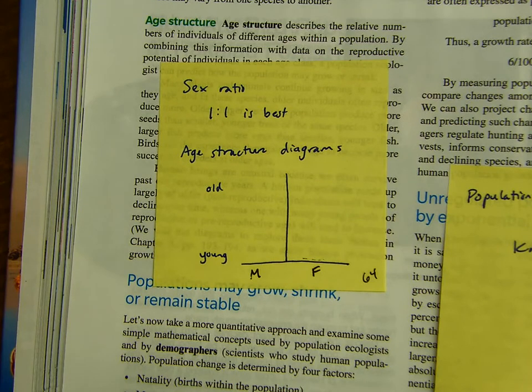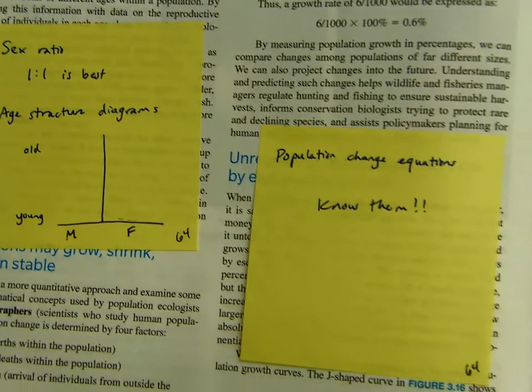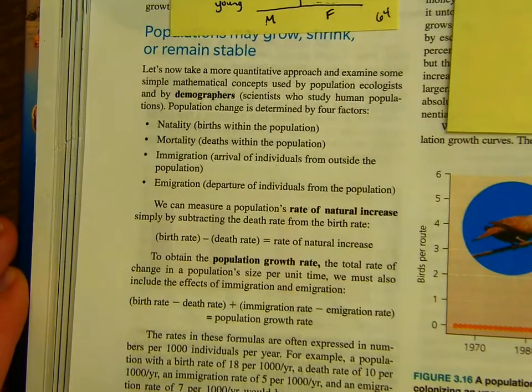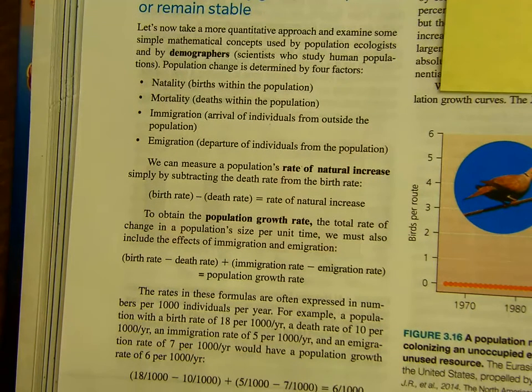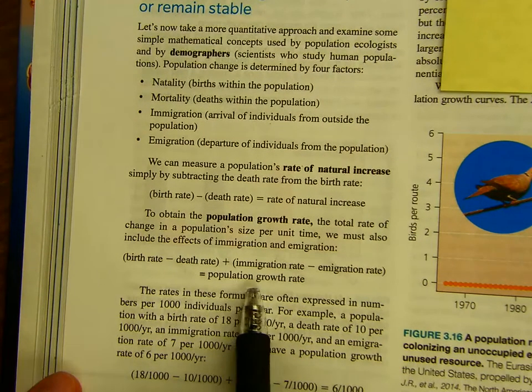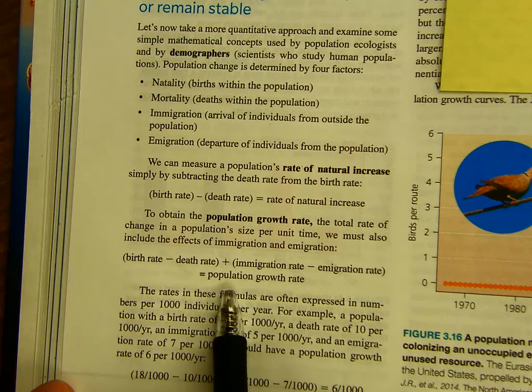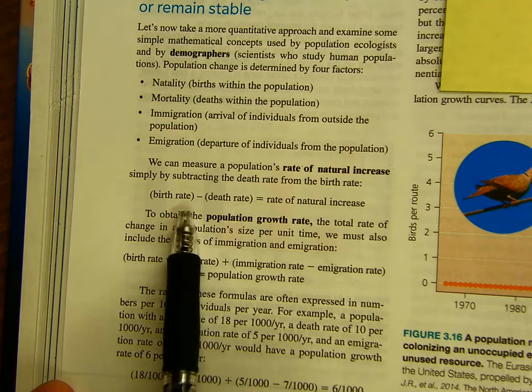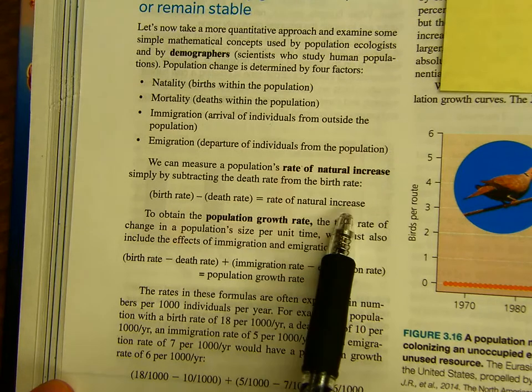Okay, now population growth and shrinking and remaining stable and so on, I wrote population change equations, know them. What I'm referring to is down here. This is the one basically right here that's the most important. Okay, birth rate minus the death rate, which you can see up there, that's called the rate of natural increase.